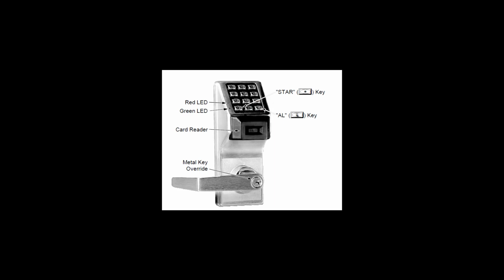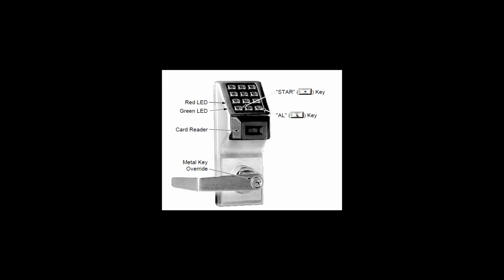Next, listen for another series of 6 beeps with LED flashes, followed by 10 seconds of silence. At this point, the lock is ready to be discovered and added to the CA4K system.